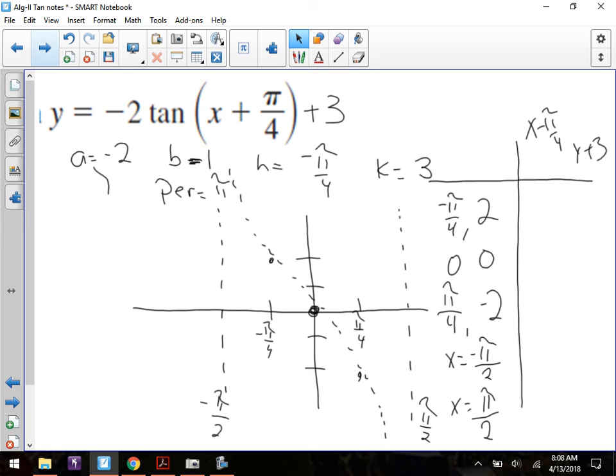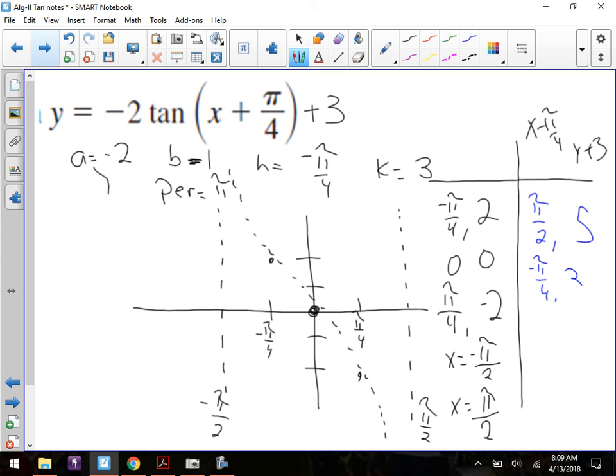That was good. So, if I subtract pi over 4 from pi over 4, I get pi over 2. If I take 2 and I add 3, I get 5. This one will be at negative pi over 4 and 3.